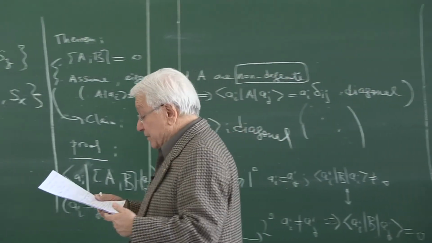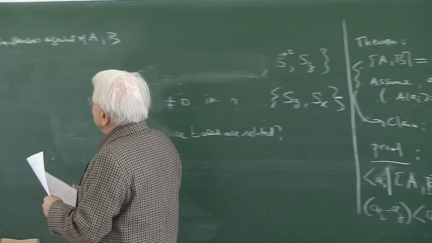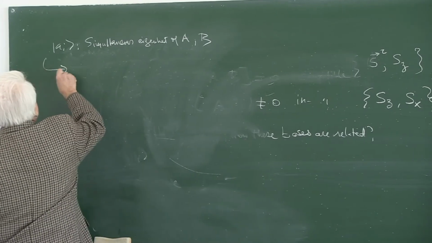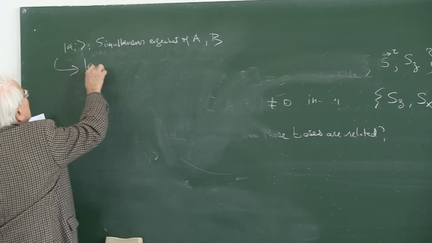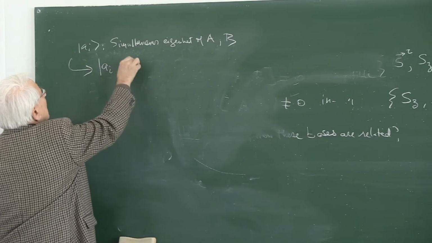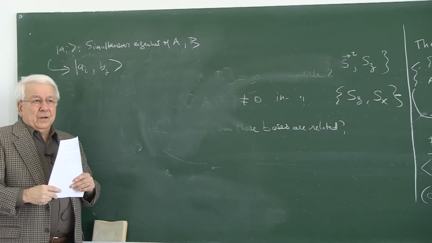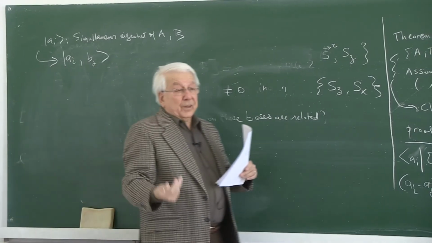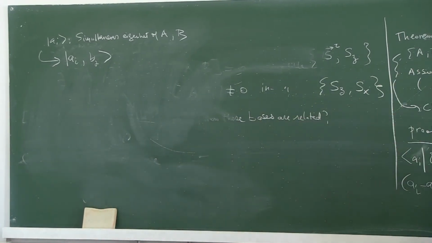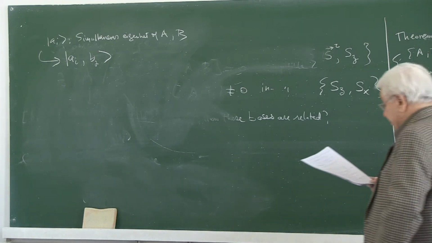So we have to generalize this notation to really make it more illustrative. That is, we generalize the notation to a_i b_j, for instance, because it contains information vis-a-vis the B operator too.